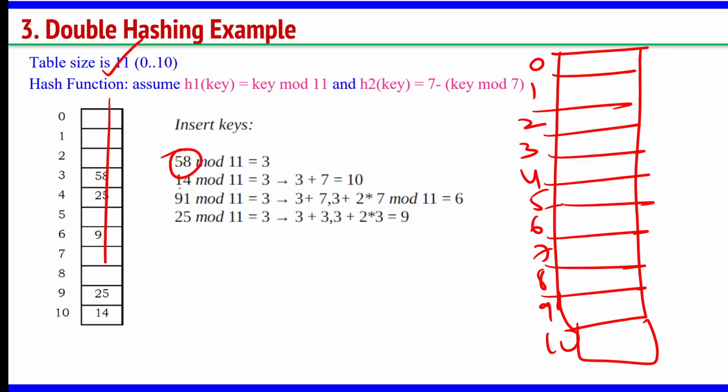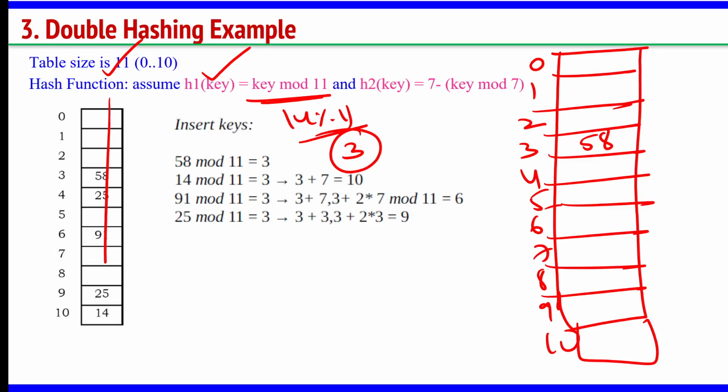I want to insert the key 58, and the table size is 11, so the standard 58 modulo 11 is 3, so I will put 58 in location 3. Then the next one is 14 mod 11, which is also 3.